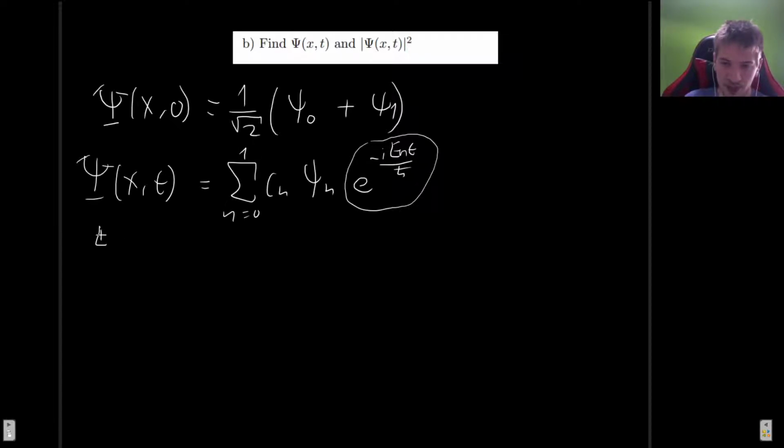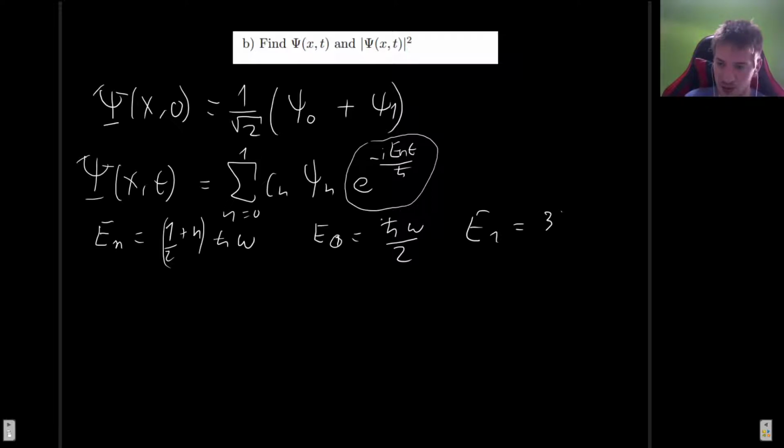So let's remember that the energy of the nth state is just n plus 1/2 times h bar omega. So let's begin with the ground state. That's just going to be h bar omega divided by 2. And the energy of the first state is going to be 3 h bar omega divided by 2.